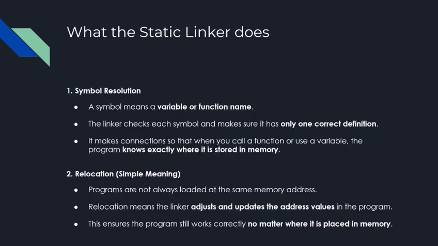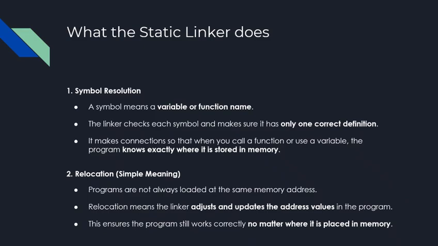Then, what does a static linker actually do? A static linker mainly performs two tasks. The first one is symbol resolution. Symbol means variable names and function names. If we call a function from one file and define it in another, the linker finds it and connects them together.